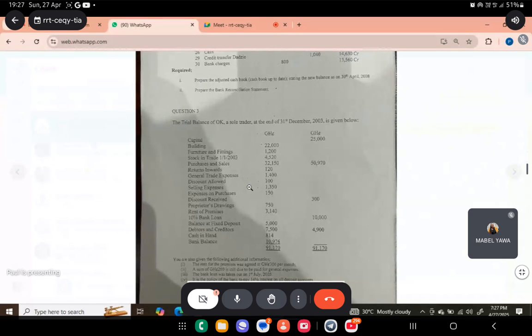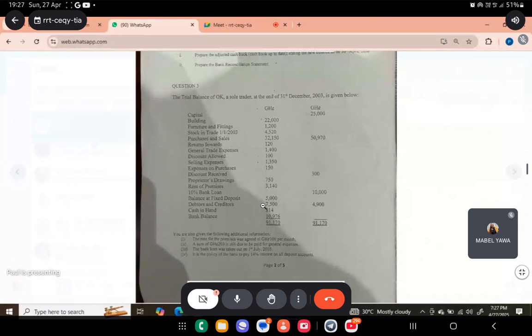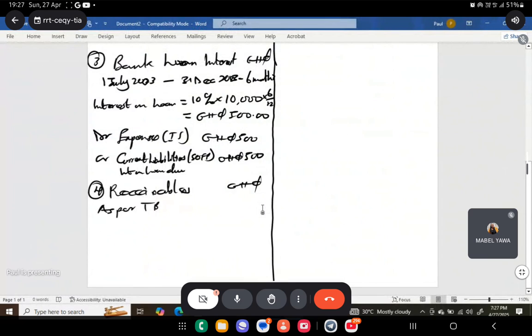The debtors is the asset, so it's debit. The 7,500 becomes the receivables, where the creditors become the liabilities, so that one becomes the payables. So the receivables figure is 7,500.